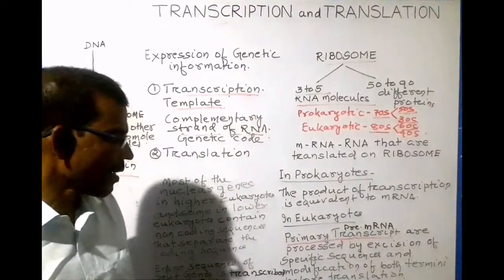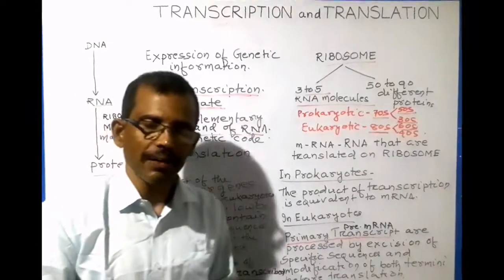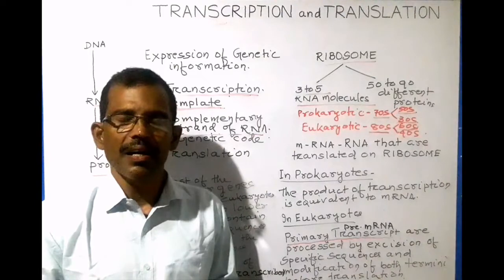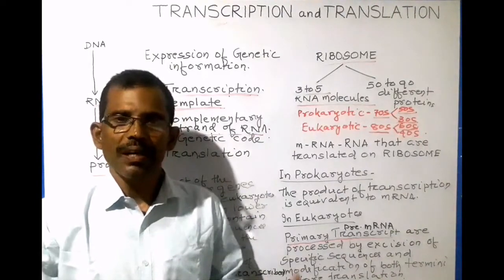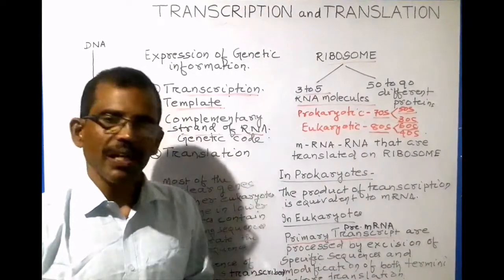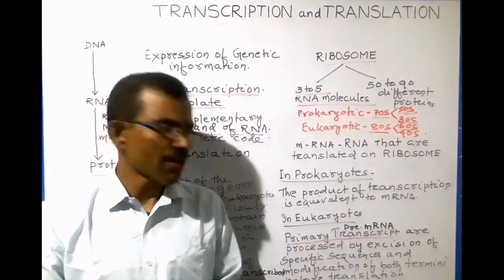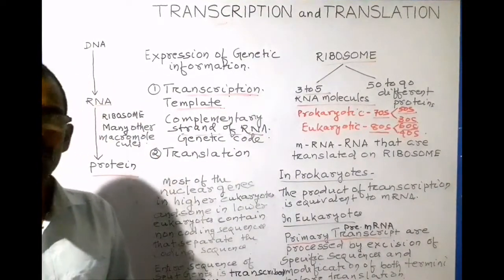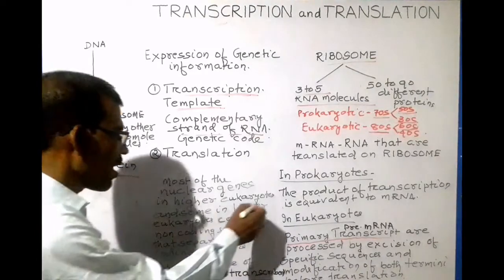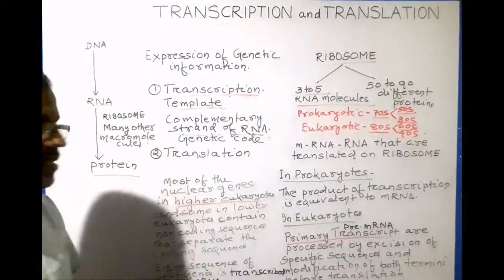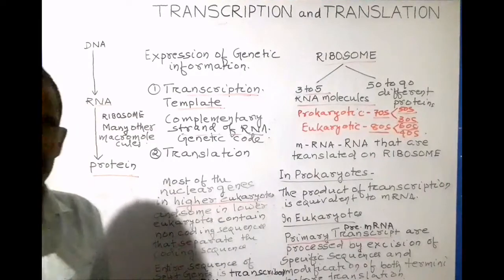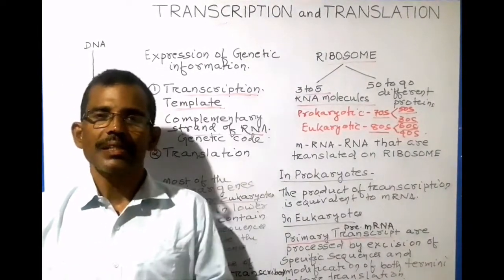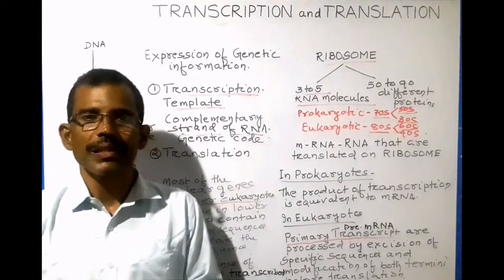The pre-mRNA undergo processing. During processing, specific sequences are removed and both the termini undergo modification with the help of various enzymes. Second point is, most of the nuclear gene in higher eukaryotes and some in lower eukaryotes contain non-coding sequences that separate the coding sequences.